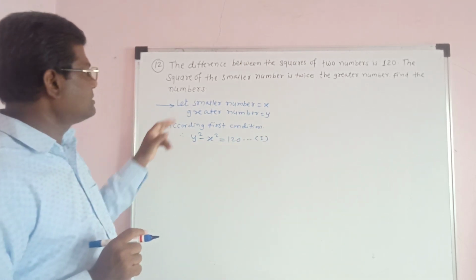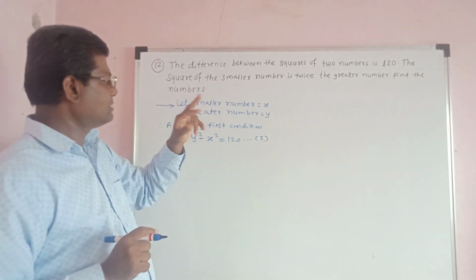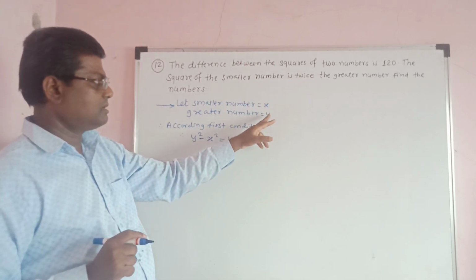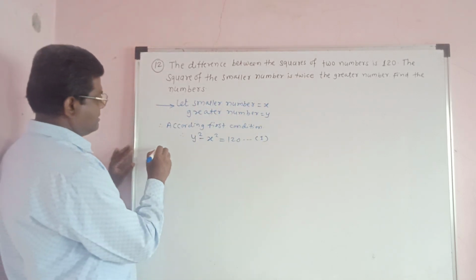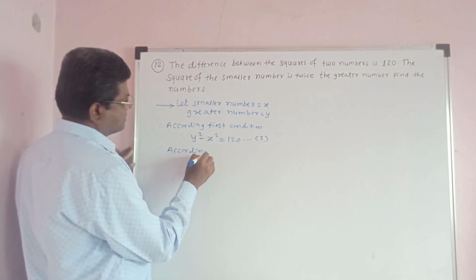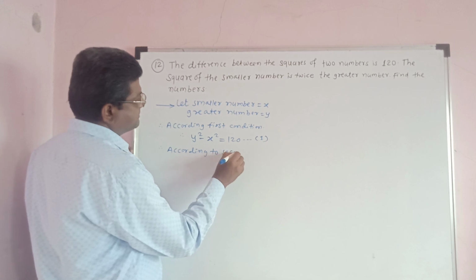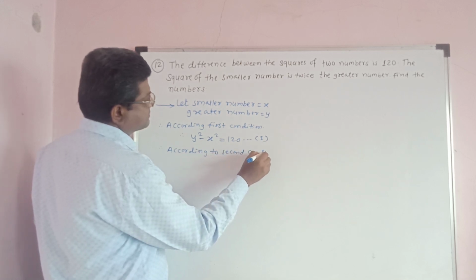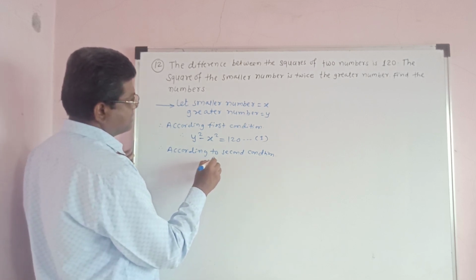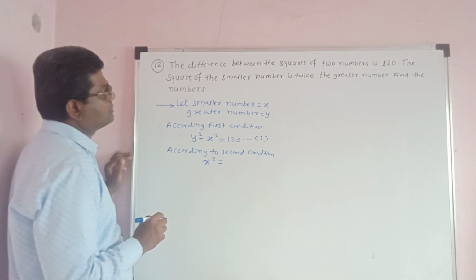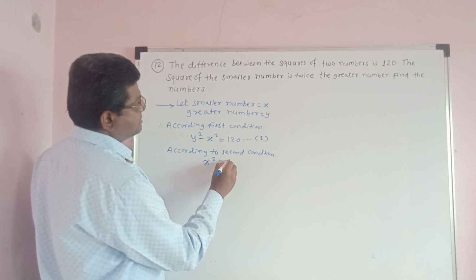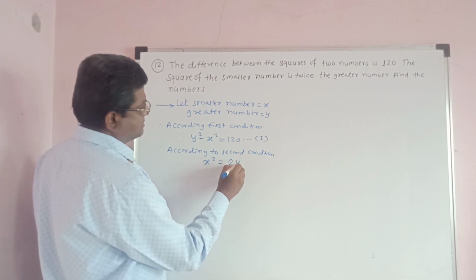Now what is the second condition? The square of the smaller number, that is x square, is twice the greater number, that is 2y. Therefore, according to the second condition, x square is equal to 2y.